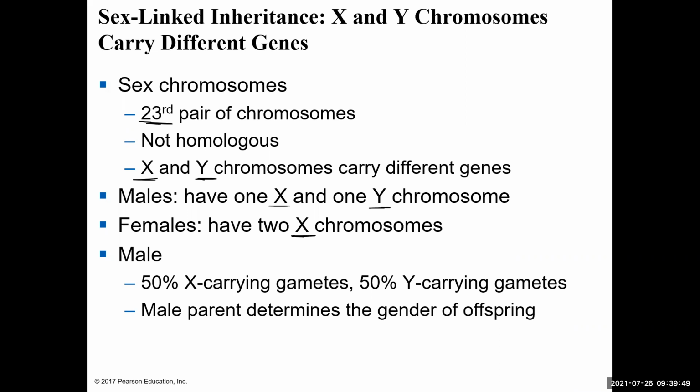So with males, 50% are carrying X gametes and 50% are carrying Y gametes, where females will always have an X gamete. And so the male is actually determining the gender of the offspring.